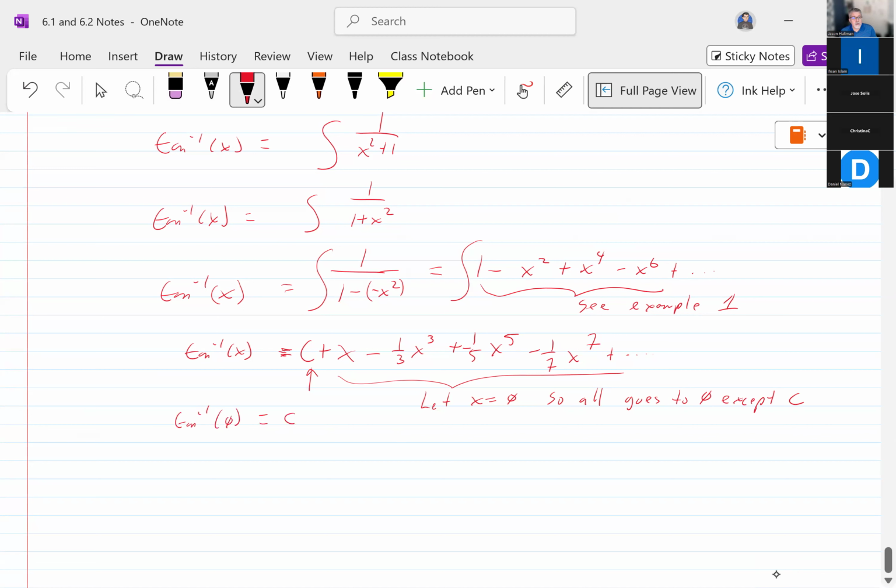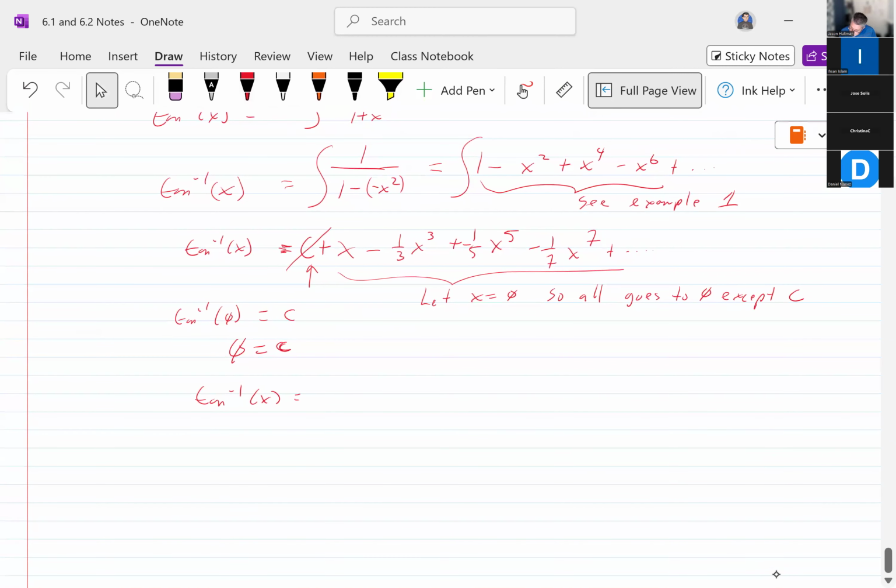The angle whose tangent is 0 is 0. So 0 is equal to the constant, and that goes away. So we want the inverse tangent of x to equal x minus 1/3 x cubed plus 1/5 x to the 5th minus 1/7 x to the 7th.